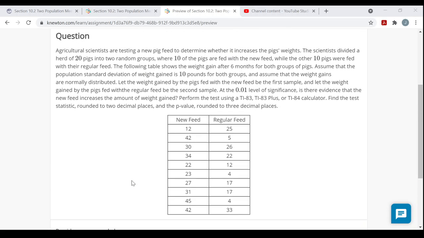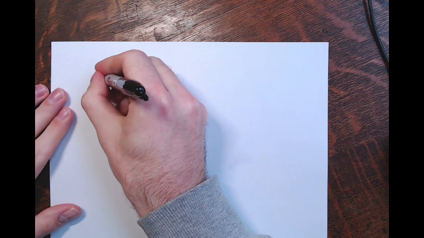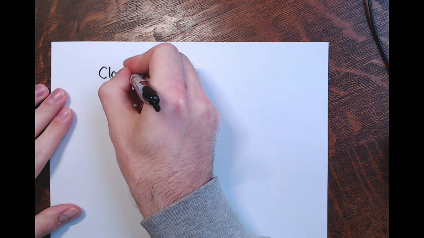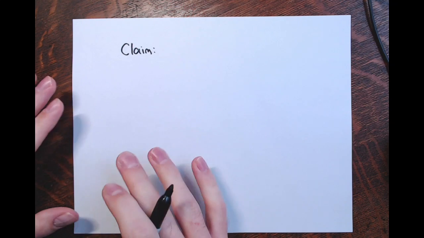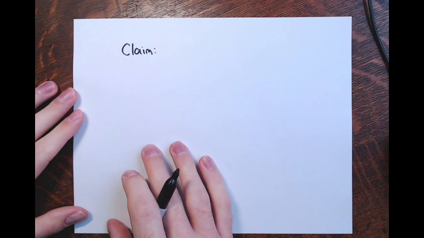Before I go into any of this typing in my calculator, I want to establish some of the stuff you do in the beginning of any hypothesis test. There's a claim being tested, or some belief, some statement being tested by these agricultural scientists.